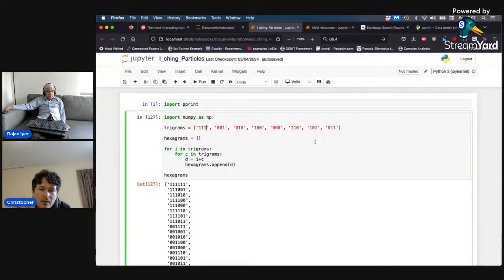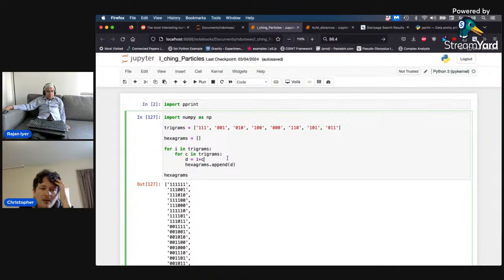So the yarrow sticks would either have an even or an odd number of nodules, and then I think they would hold them together in a column, and then some of them would fall out, and those were the ones. But you could also use a much simpler method, which is to use 3 coins. When you throw it the first time, you get heads, heads, heads, or tails, tails, heads, and so on. And that builds up this binary sequence. And so those are the trigrams.